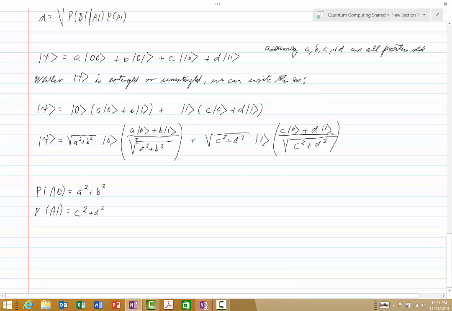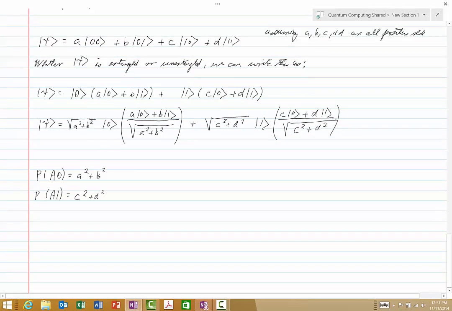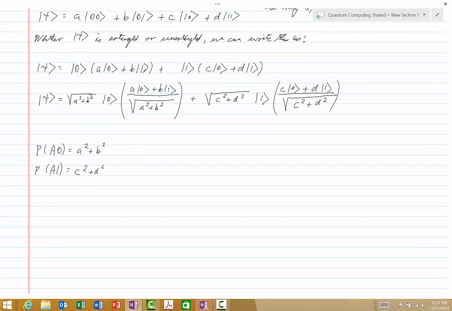Now, what are these probabilities in here? Well, let's look at the probability that Bob measures a 0 given that Alice measures 0. Alice measuring 0 means we're talking about this term, and the probability now that Bob measures 0 given that Alice measures 0 is A squared.